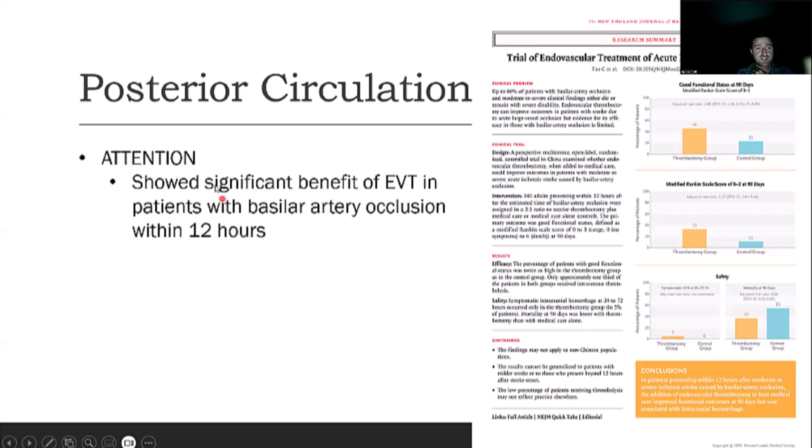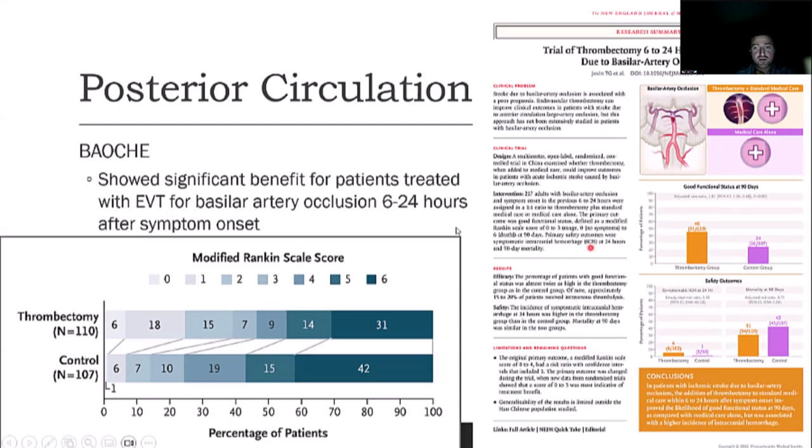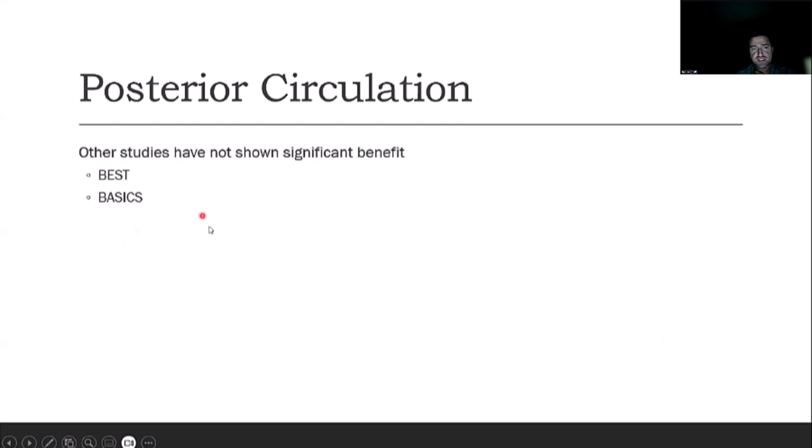The ATTENTION study again showed a significant benefit with basilar artery occlusion within the first 12 hours. There was the BAOCHE trial, which extended that to 24 hours and again showed significant improvement. There are also some studies, including the BEST and BASICS trials, that didn't show any improvement in functional outcomes, and I believe it was BEST that showed there may actually be some potential increase in adverse events.